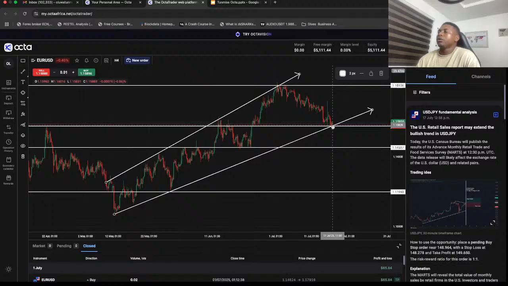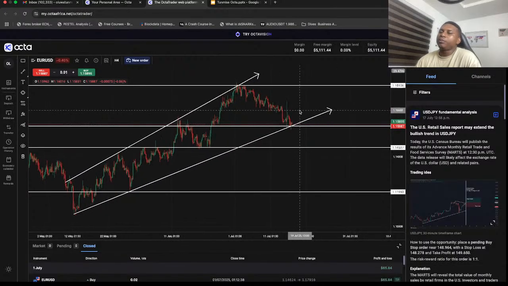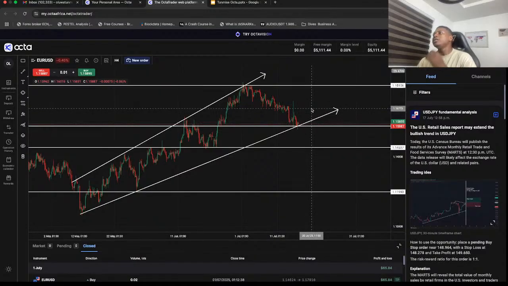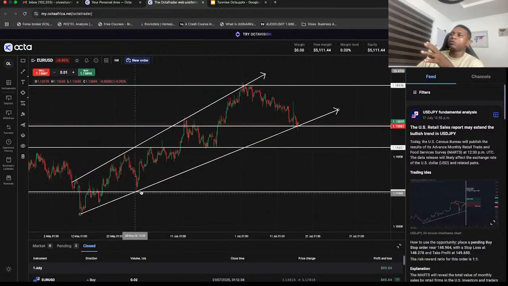Now what do we anticipate, or what do we see the market do based on this previous performance? First, we see the market sitting on a support zone. We see the market being on the edge of a trend line. So there are two things that can happen here.